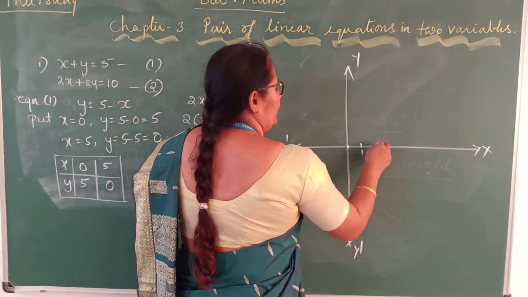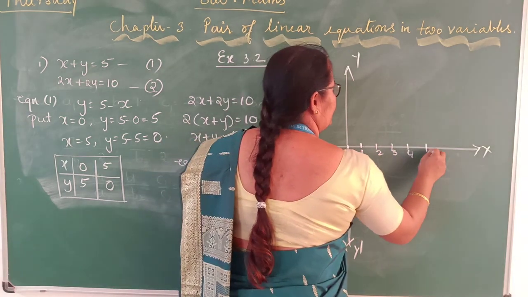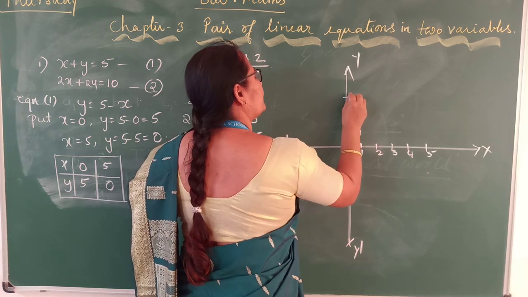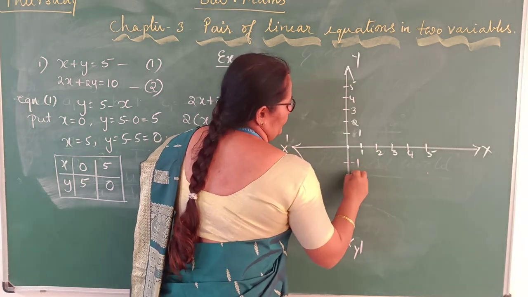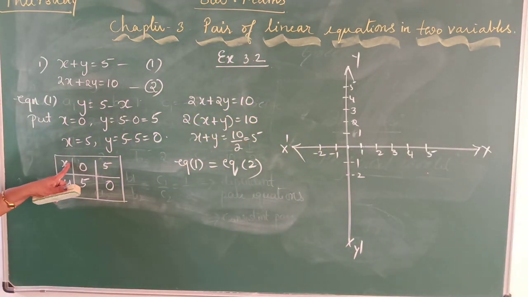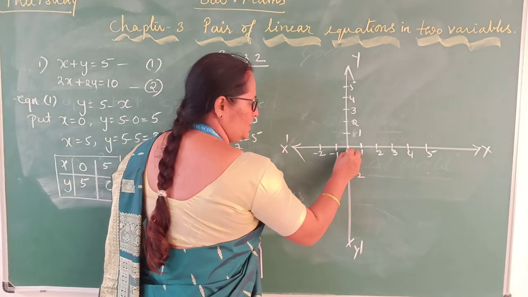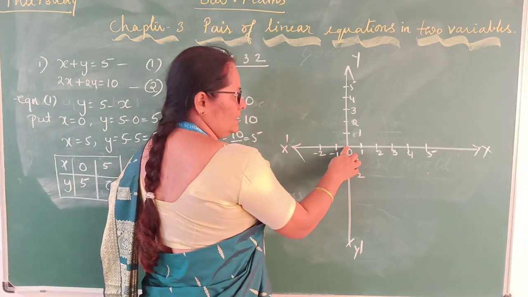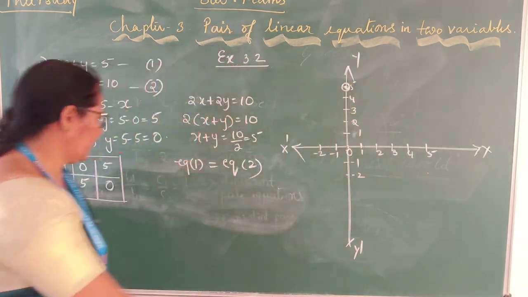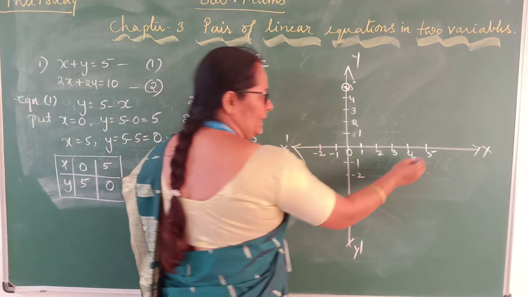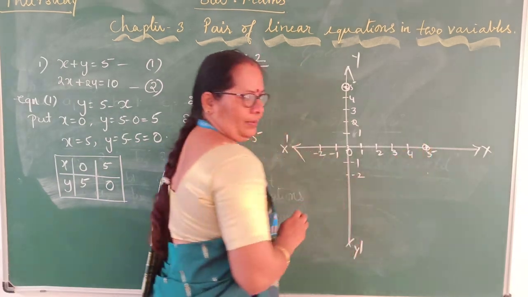Okay. Now, divide this x-axis into equal units. Divide like this. Now, when x is 0, at this point the x coordinate and y coordinate are both 0. When x is 0, y is 5. When x is 5, y is 0.